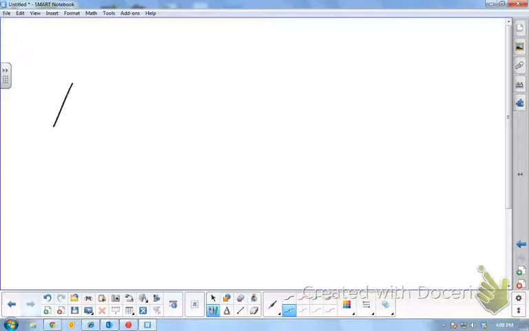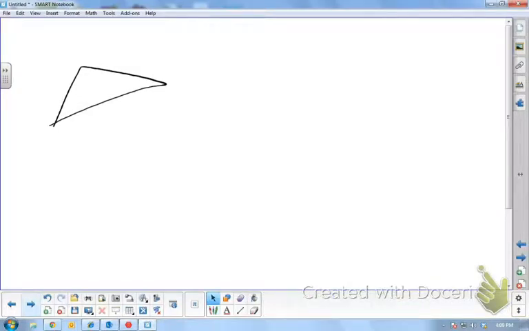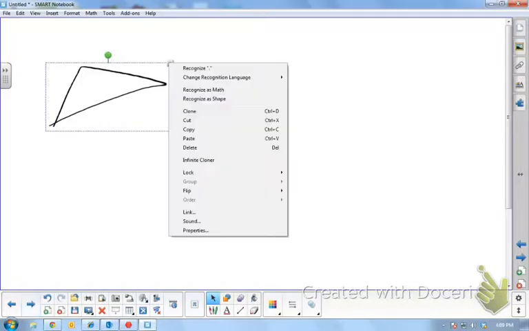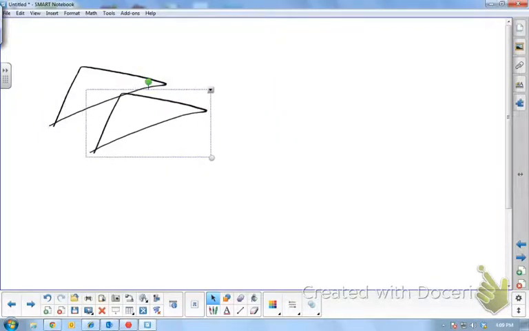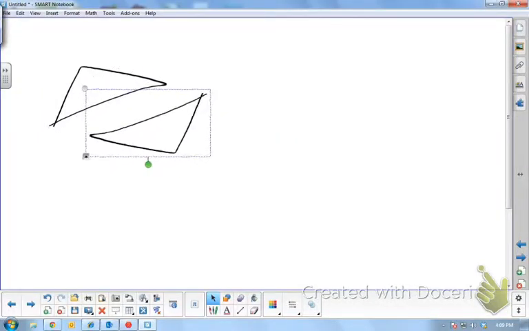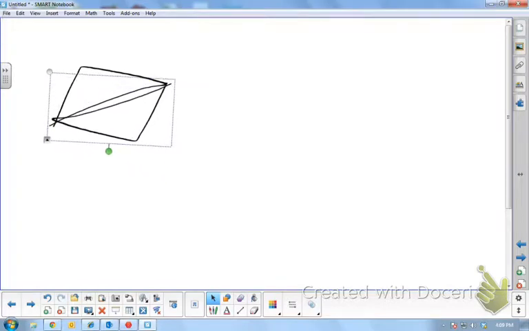So let's say I have a triangle. We know the angles inside a triangle add up to be 180 degrees. Let's say I take this triangle, I'm going to clone it, it's easier, and I rotate it, and I put the two triangles together.